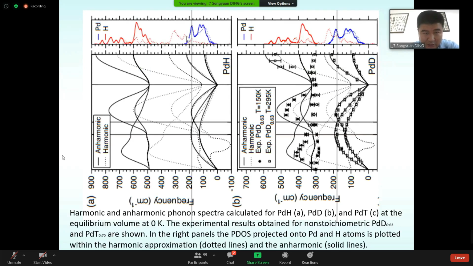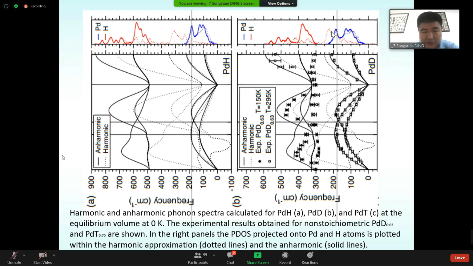The dotted line is a harmonic model, so the potential is harmonic, and the solid line is anharmonic, with blue for the palladium motion and red for the hydrogen or its isotope. So we find that the anharmonic effect is very strong.